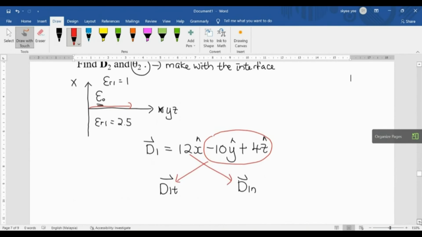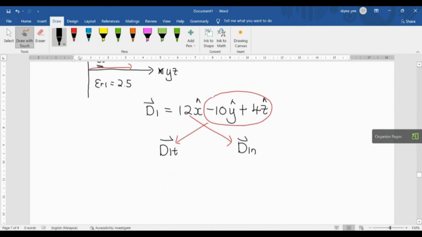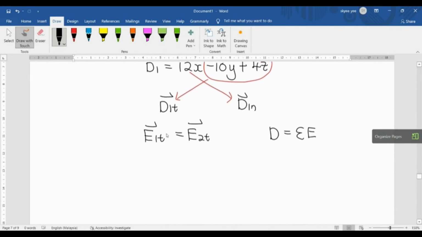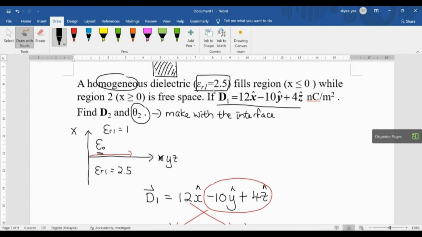After we identify this one, we use our first boundary condition relationship, which is this one. And we know that this is equal to this, right? So we are going to convert it into D, because we want to find the D2.